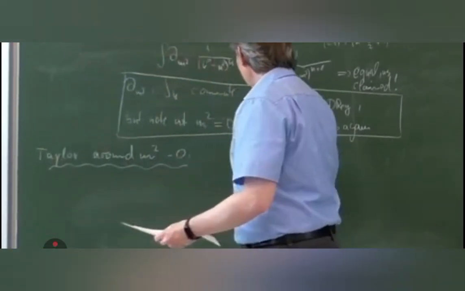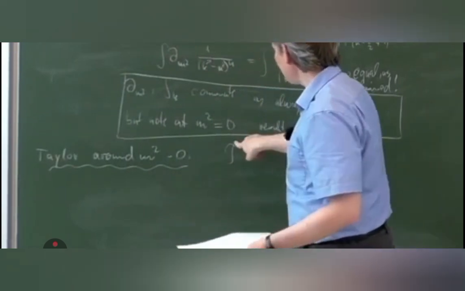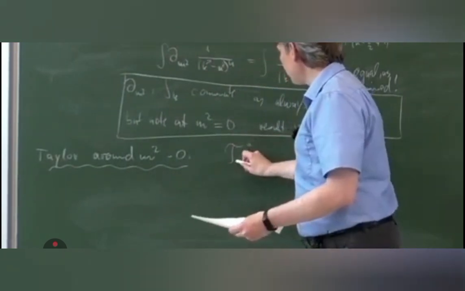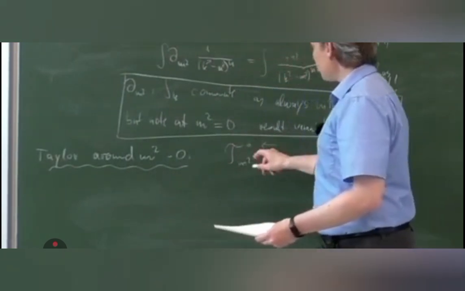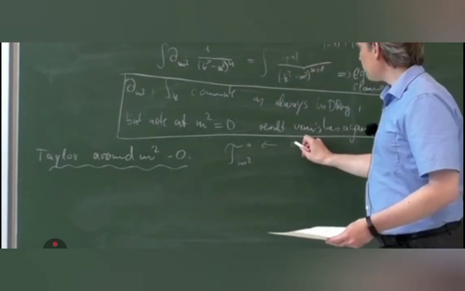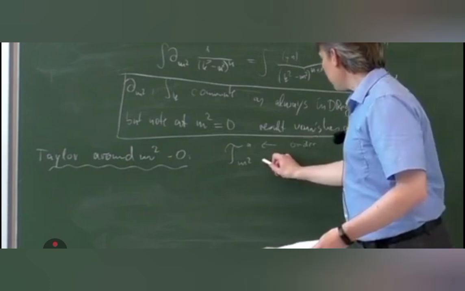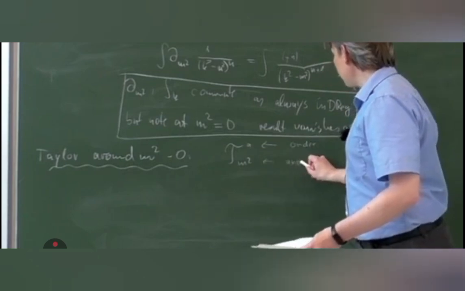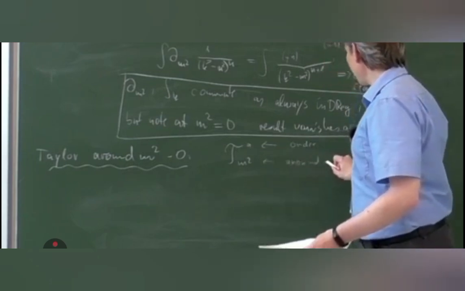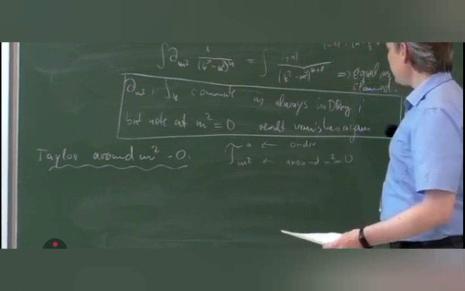So let's use again the symbol T_A(m²). The index A stands for the order by which we do the Taylor expansion, and this obviously means that we do a Taylor expansion around m² equals 0.